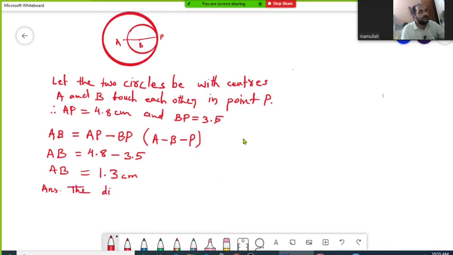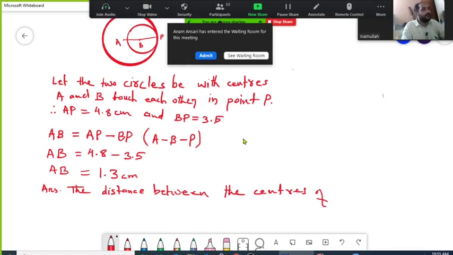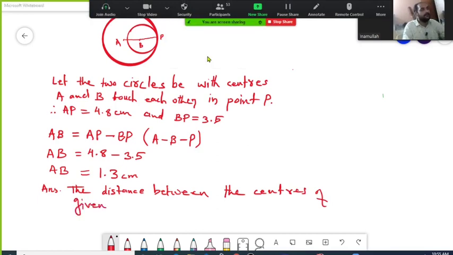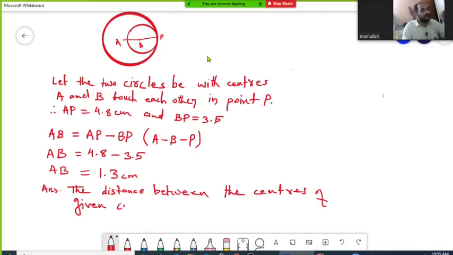The distance between the centers of the given circles is 1.3 centimeter.